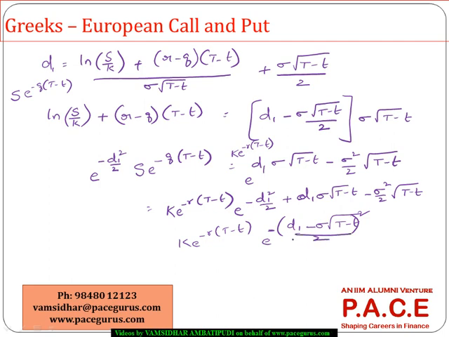This is what is coming out here, which is nothing but K e power minus r T minus t e power minus d2 squared by 2.